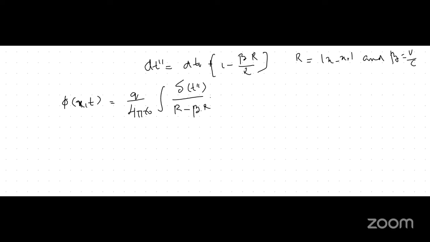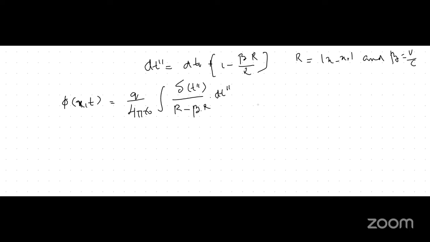What we have done is, the dt double dash value we have substituted in the previous equation, and we are getting phi of x is equal to q by 4 pi epsilon naught into delta t double dash by r minus beta dot r into dt double dash.